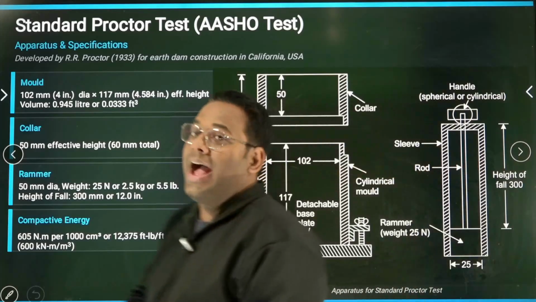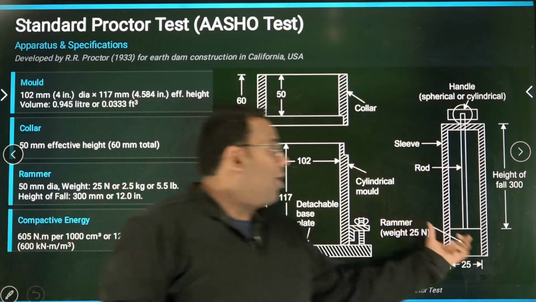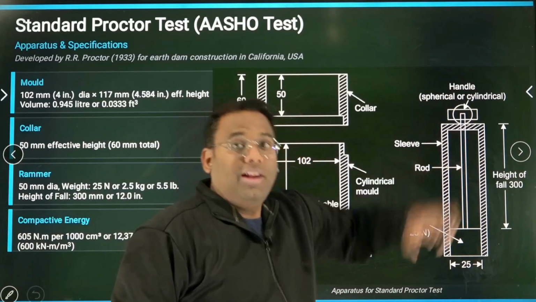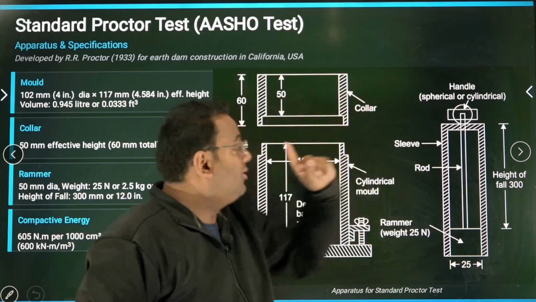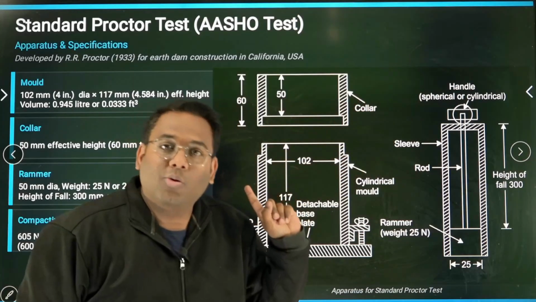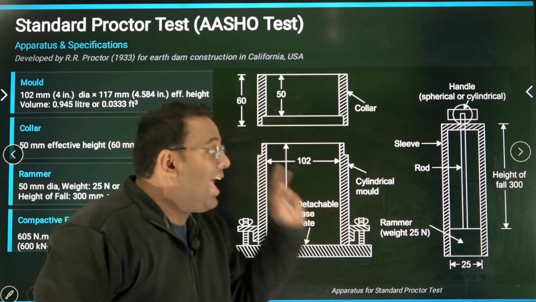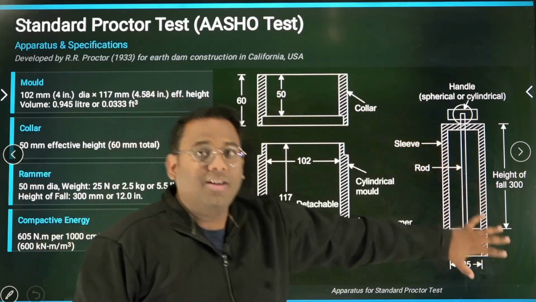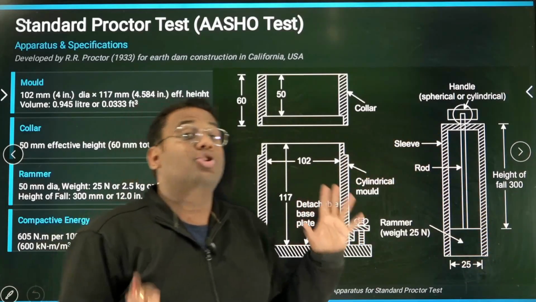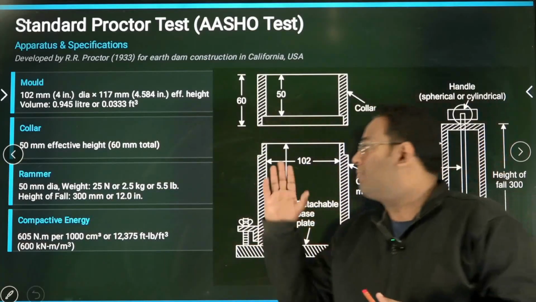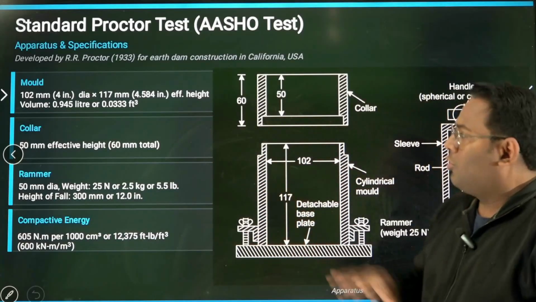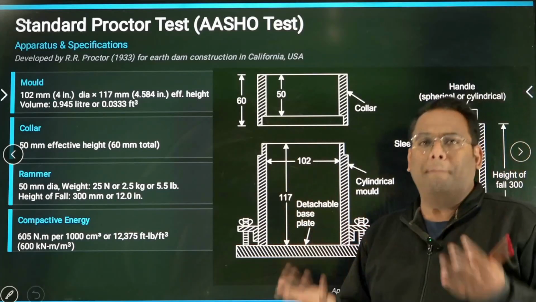This rammer has a weight at the bottom and a handle to lift it up, and then you drop it on the soil that is filled in this mold. Each and every impact of this rammer compacts your soil, and you fill your soil in some number of layers in this mold. So this is the whole process of compaction.